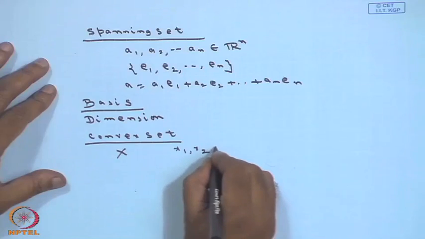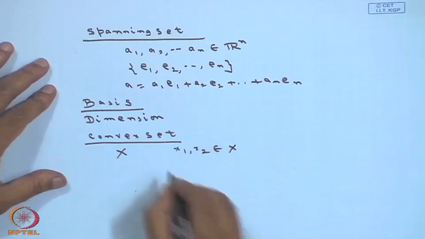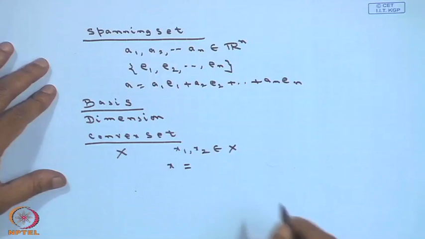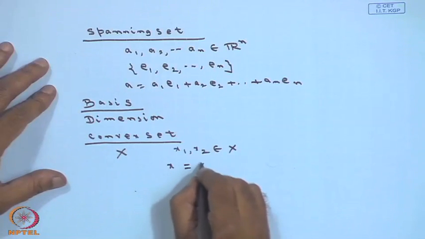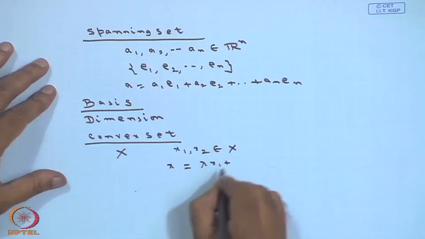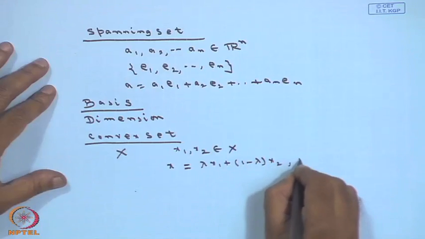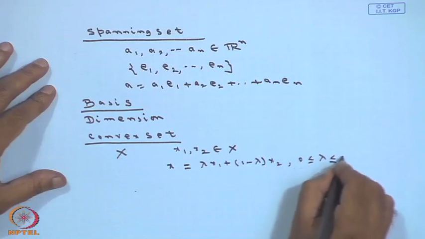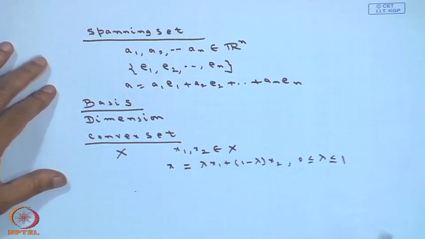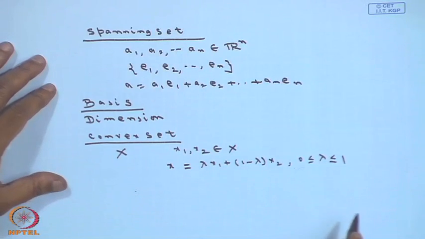Mathematically, if x1, x2 belong to X, then I can find a point x such that x equals lambda x1 plus (1 minus lambda) x2, where lambda lies between 0 and 1. If this is satisfied, then the set is a convex set.